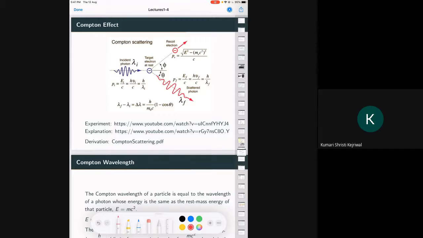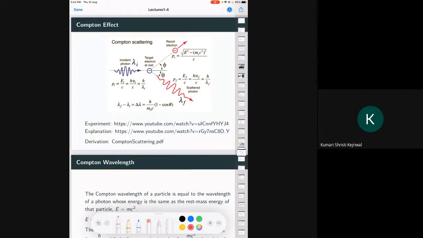Here, this is simply a scattering of light from an electron. Now, this electron may be inside a metal, but what you're doing is detecting the scattered light. So it's not a light absorption leading to emission of electrons. It is a light scattering leading to scattering of the electron, which is free.